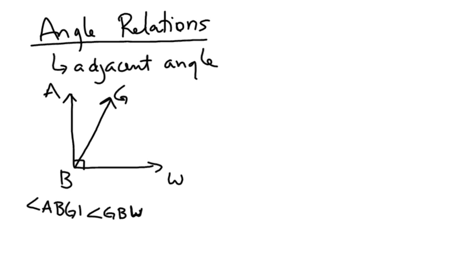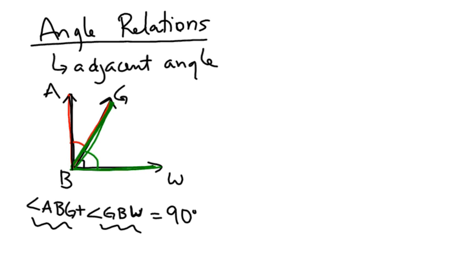If I measured angle ABG and included it with angle GBW, then the two of them together will total 90 degrees, because they total angle ABW together. ABW is the big angle.